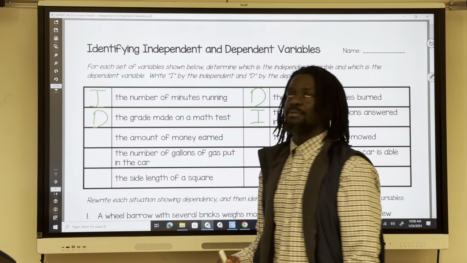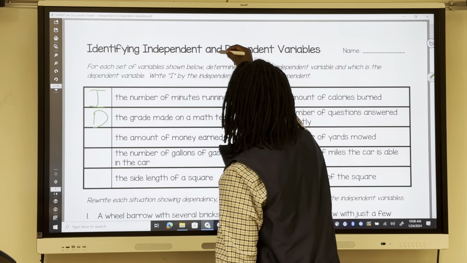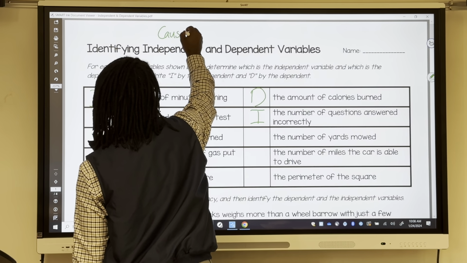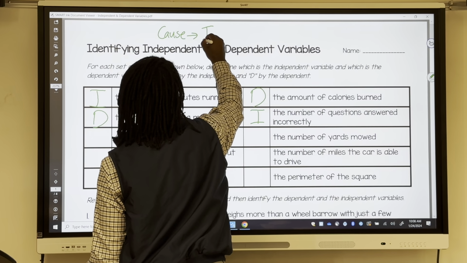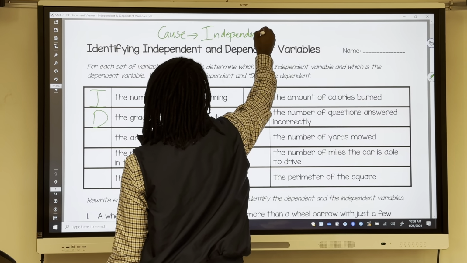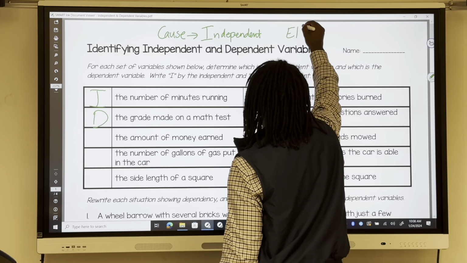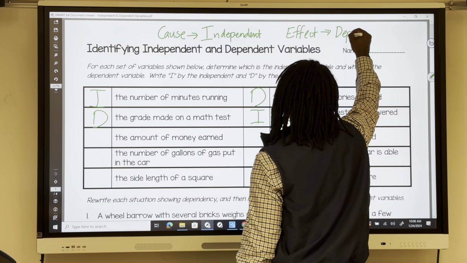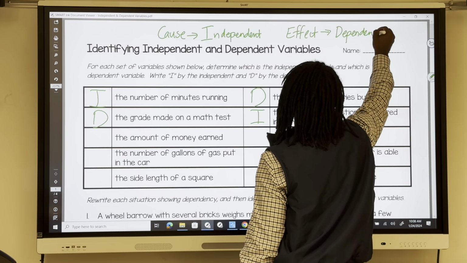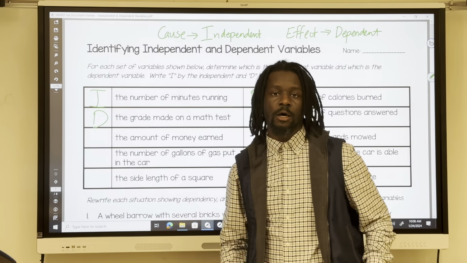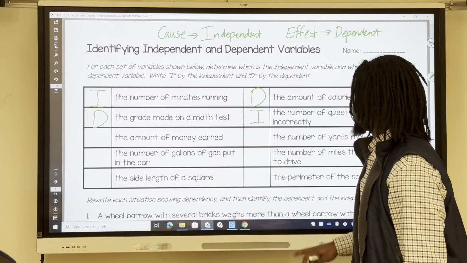I can't say this enough: the cause is the independent variable. The effect, the thing that results, is the dependent variable. If you can remember that, I think it will really help you with these problems.